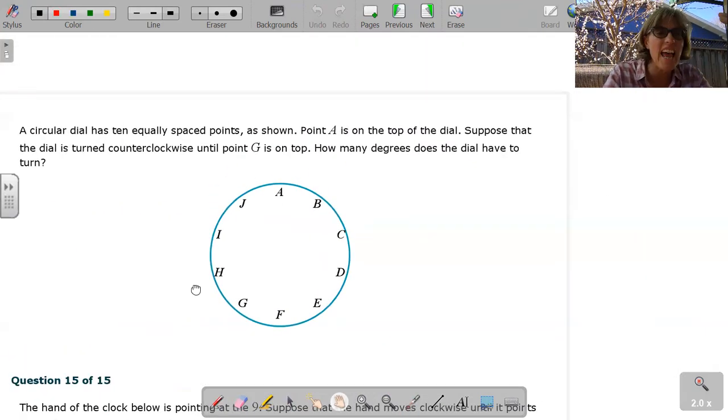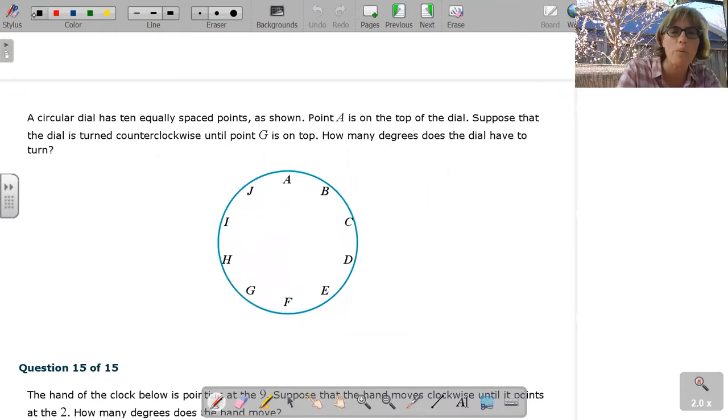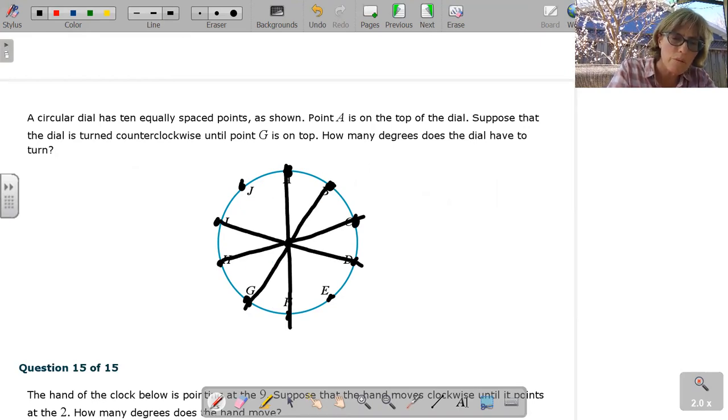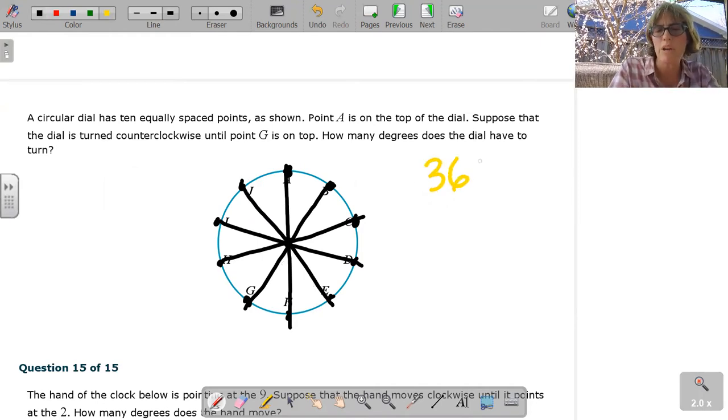A circular dial has 10 evenly spaced points. Which means I have 10 pie slices. So it's 360 divided by 10.